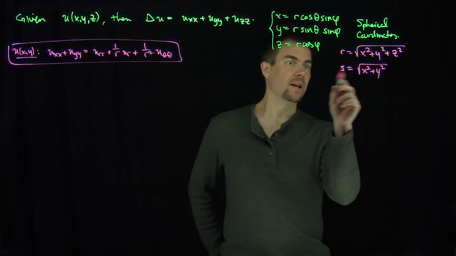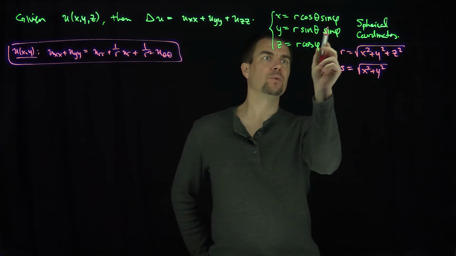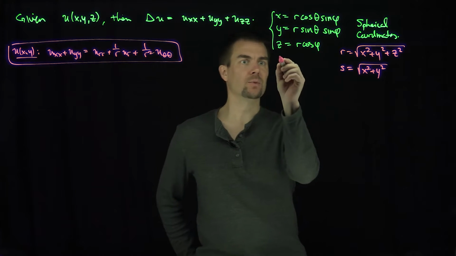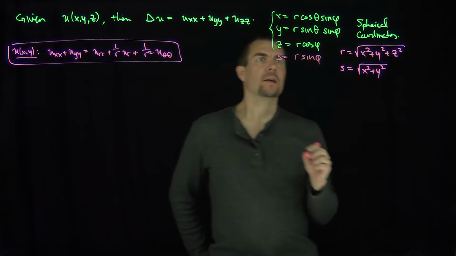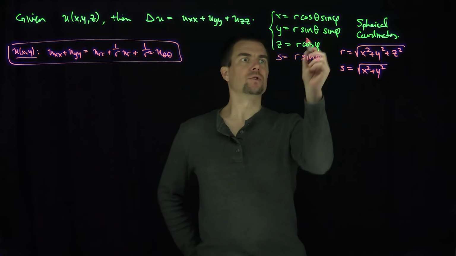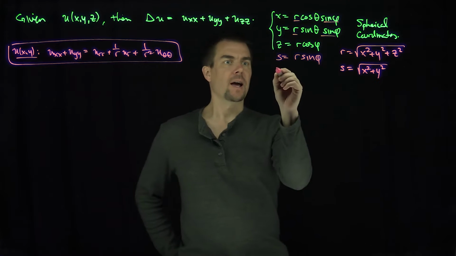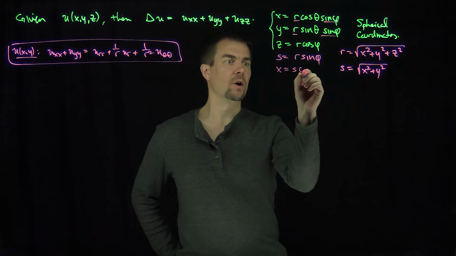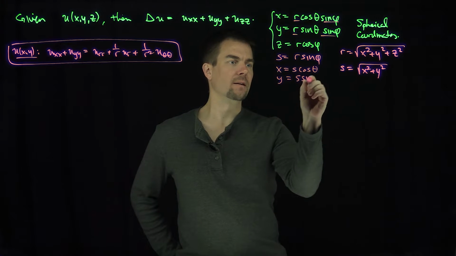If we look at x squared plus y squared, we're going to have a common sine squared of phi, so we're going to have that s is really r sine phi. So r sine phi turns into s. So now that tells us that x is s cosine theta, and y is s sine theta.